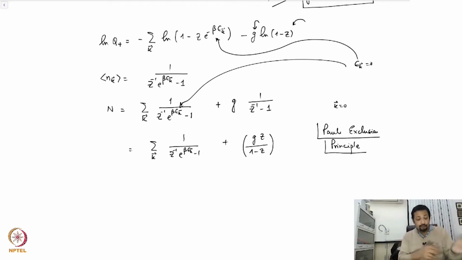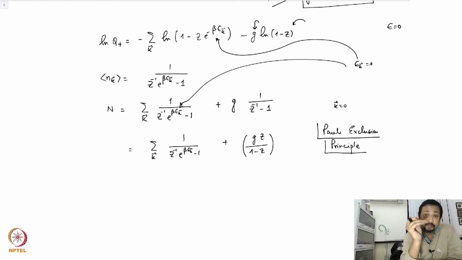In order to go forward, we convert this sum into an integral using the density of states. But that integral clearly ignores the zero momentum state, because there are no energy states lying at epsilon equal to 0 or in its neighborhood. Therefore, that is the problem.